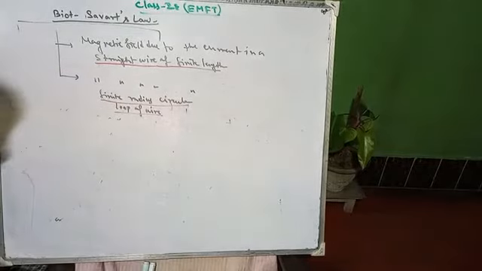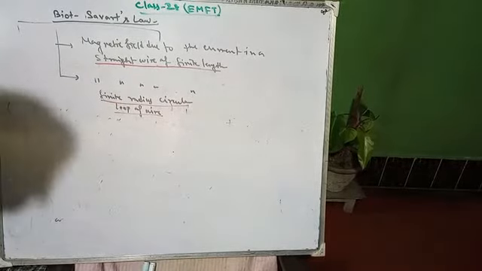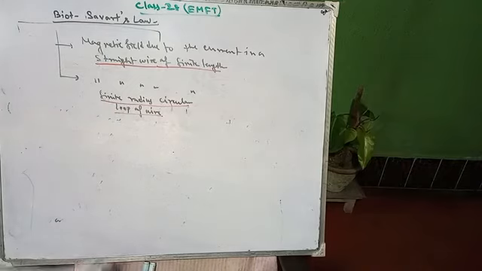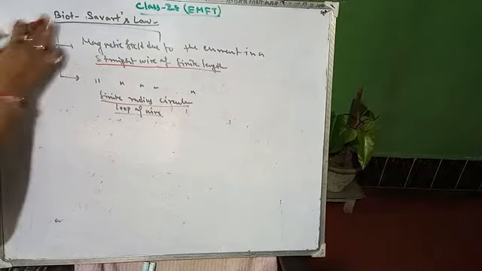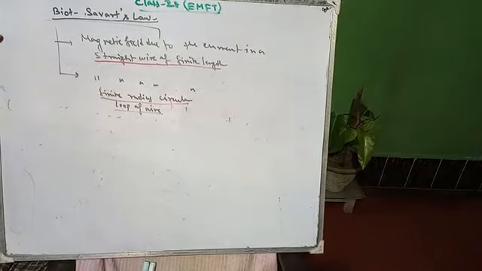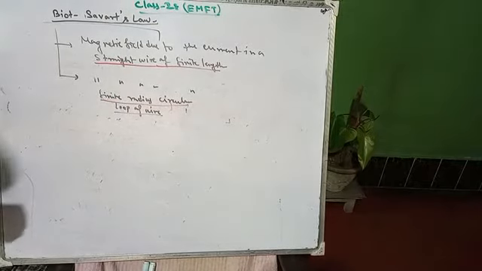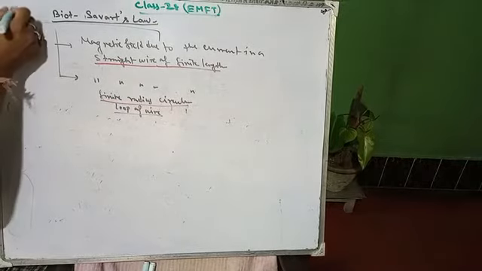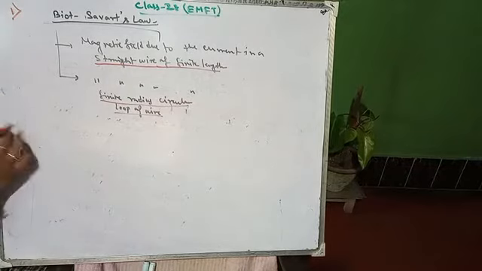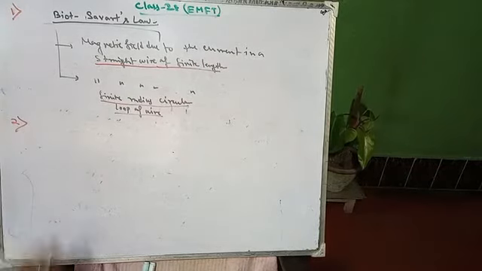Now let me start with the first one, so make a heading. Biot-Savart law is your first topic. The second topic will be the magnetic field due to the current in a straight wire of finite length.